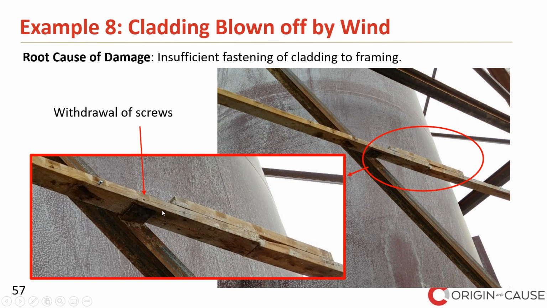So that was an insufficient fastening of cladding to framing. Because for cladding, when you fasten it, it should be properly fastened to a proper backing so that it doesn't get withdrawn easily by wind.